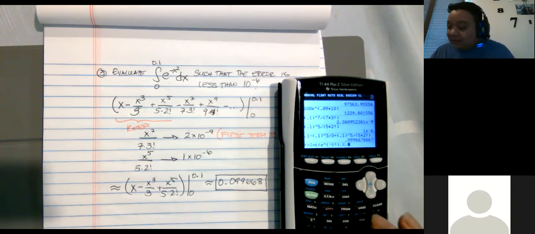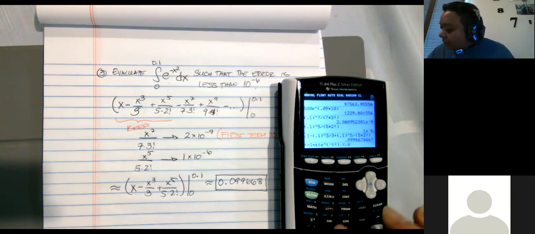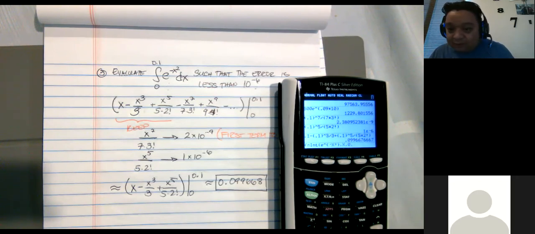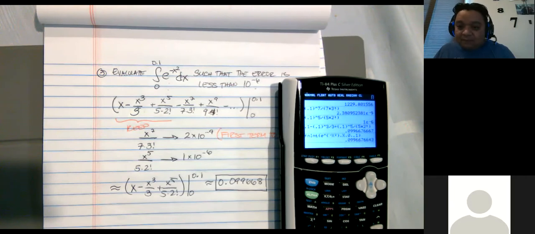So you're integrating x from 0 to 0.1. And notice it's almost the same answer. Any questions on that?